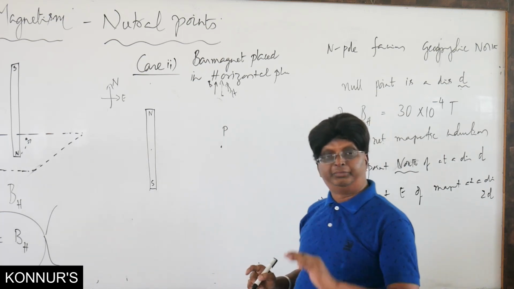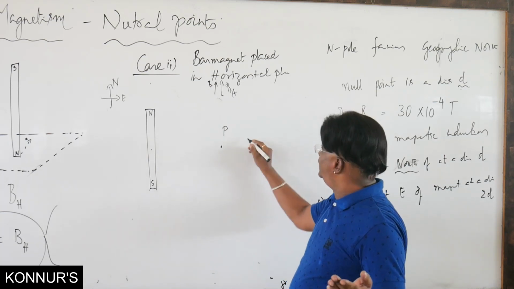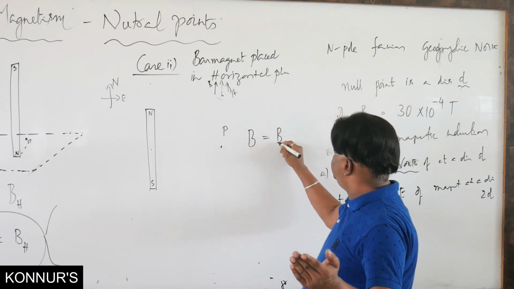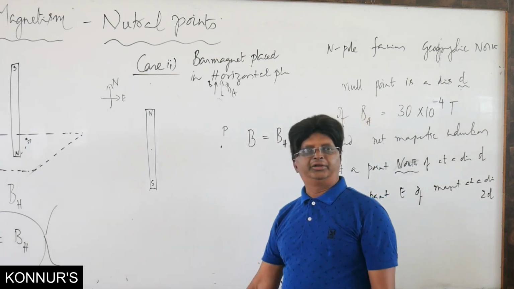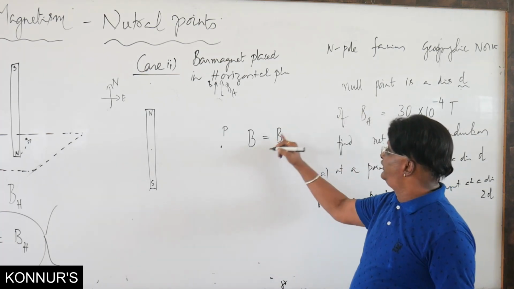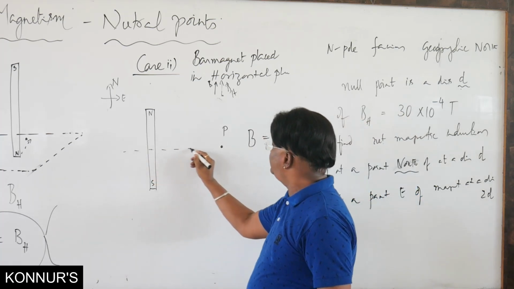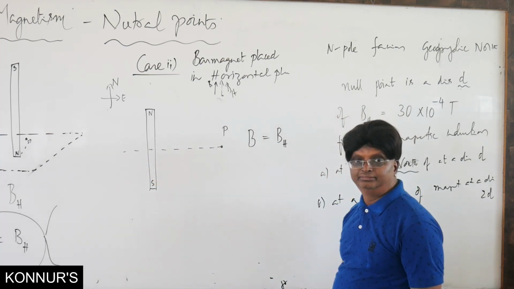Before rotation, since this is a null point, B due to the magnet is equal to B due to the horizontal component of Earth. B is equal to BH at this point P, which is an equatorial point.